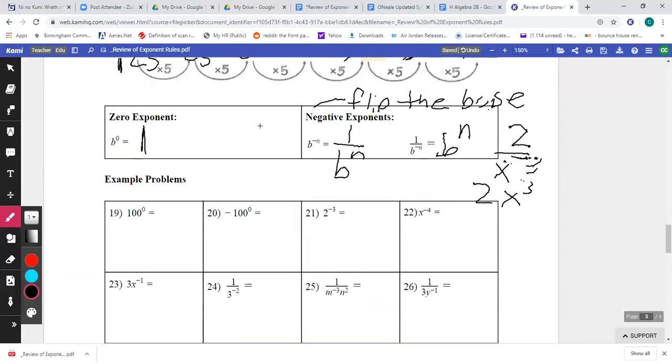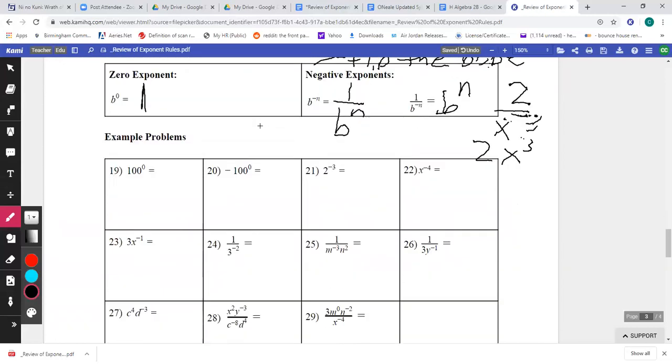So let's go ahead and look at some example problems, and hopefully you'll make sense of what I was saying here. So 100 to the 0 power is just going to be 1. Now, for number 20, here's a big common mistake people make. Negative 100 to the 0. The negative does not apply to the 0, only the 100.